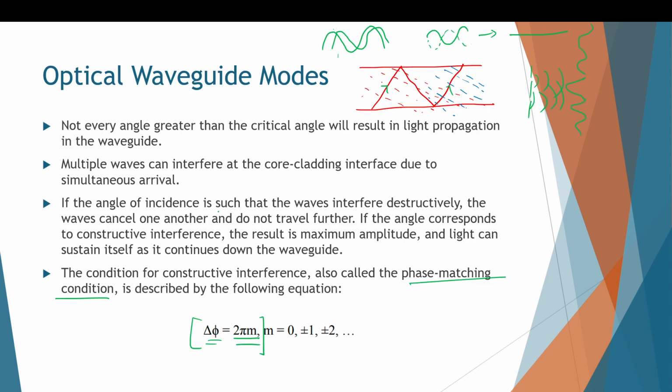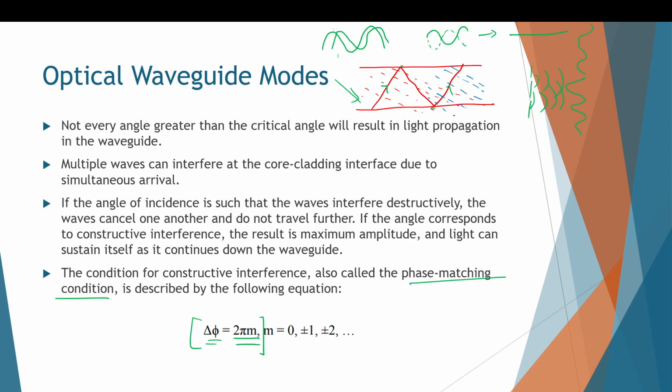So if the angle of incidence is such that the waves interfere destructively, the waves cancel one another and do not travel further. Whether it will be constructive or destructive interference depends on the path lengths and the phase shifts at the interfaces. These path lengths are determined primarily by the angle of incidence, right? So the angle at which the light came inside the fiber will determine this.